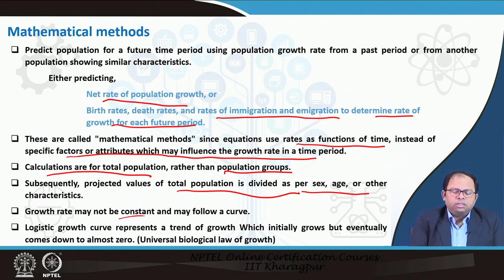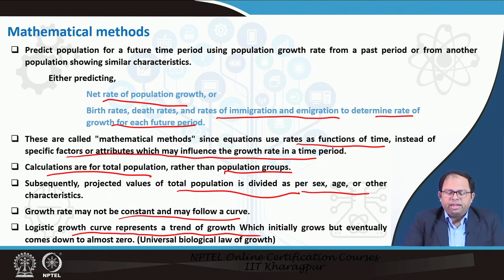Growth rate may not be constant and may follow a curve. So, instead of saying the same growth rate would be adopted, we can say the growth rate can also follow a particular relationship or a particular curve, and usually the logistic curve represents a trend of growth which is very popular.